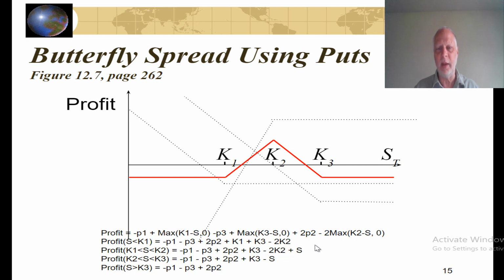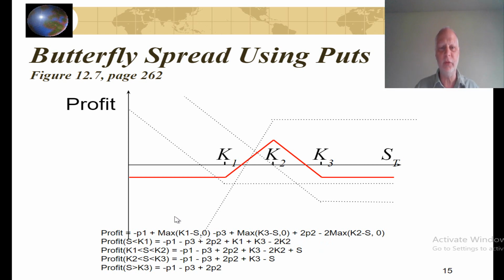And our minus S from here is canceled by a plus 2S from here, so we end up with a plus S, and we have this upward sloping term right here. If we stick in S equals K1, we can see it equals the previous term, so we are continuous at the boundary points.